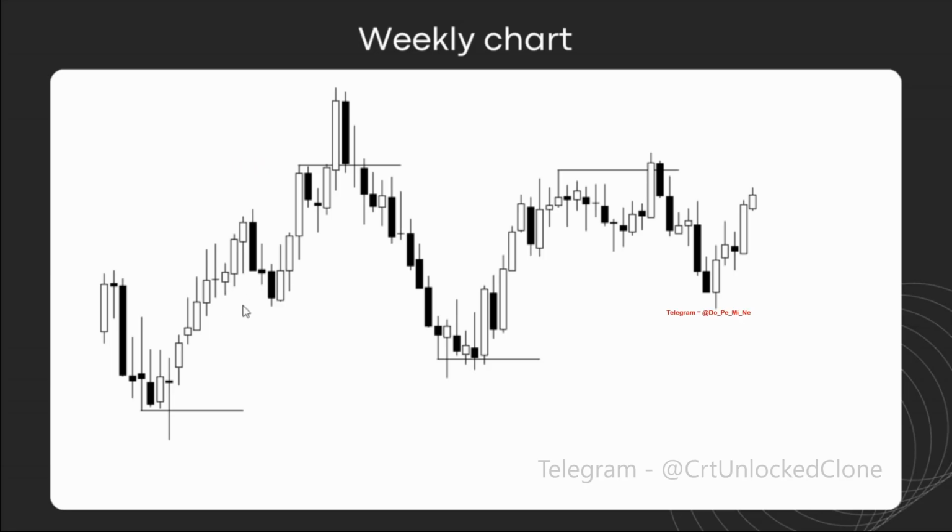And you can see right here, if your logic and narrative was correct, you would be right for all these weekly candles, and your bias and your draw on liquidity would be better than most traders', and you would have had better precision and accuracy in terms of directional bias than anything else, right?